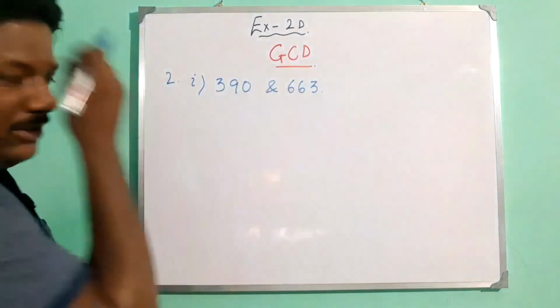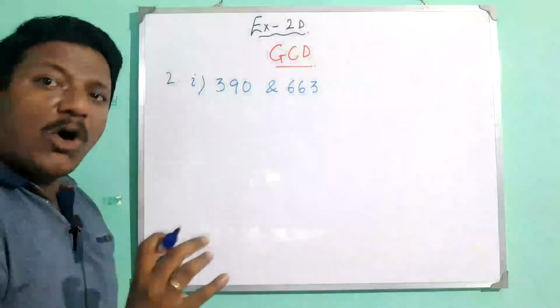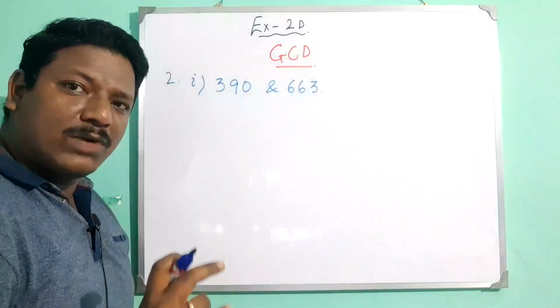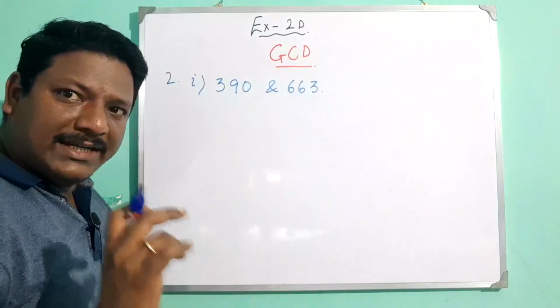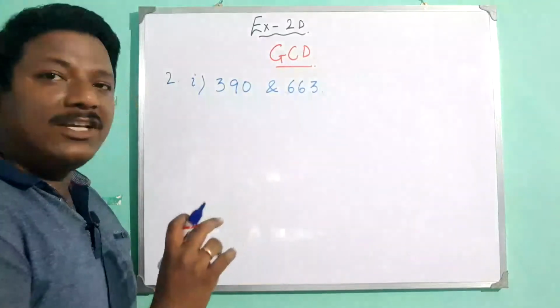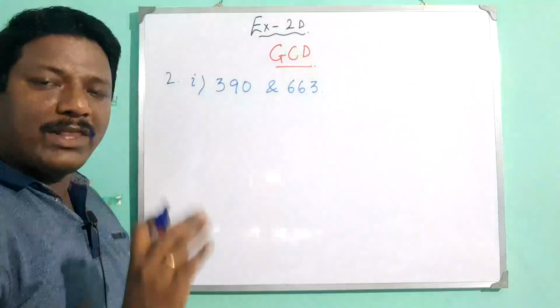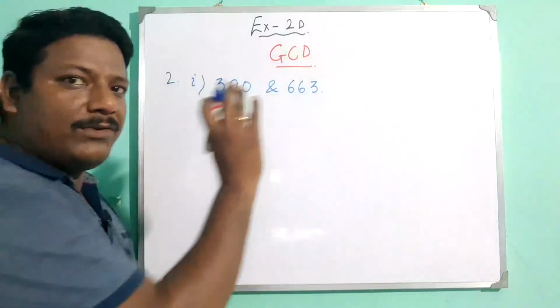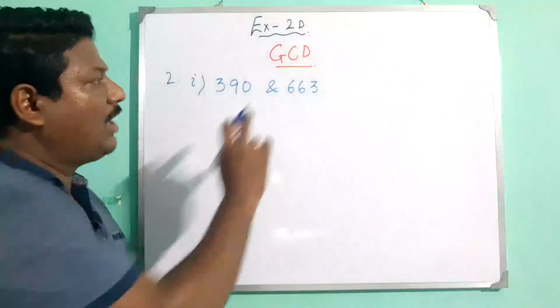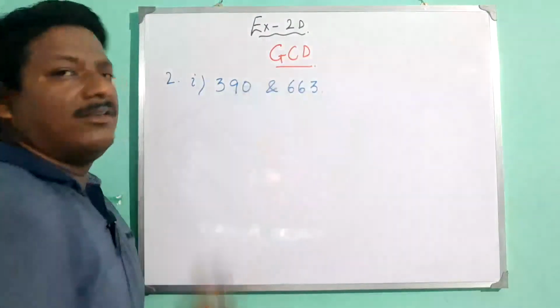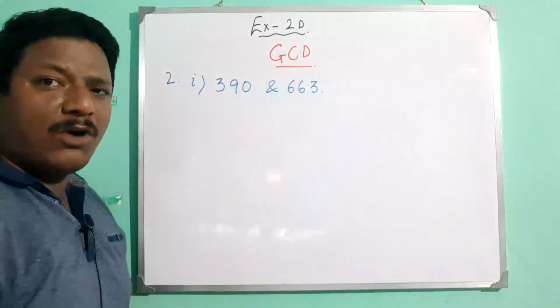So you always see which number is the smaller. I had explained this one, the same thing I sent in yesterday's video, telling you to find the GCD or the HCF with the help of long division method.